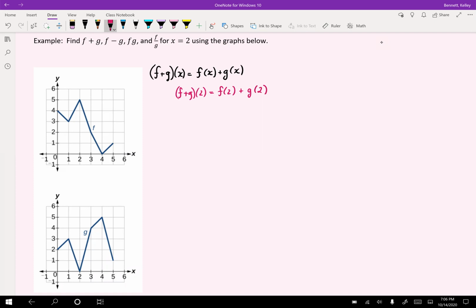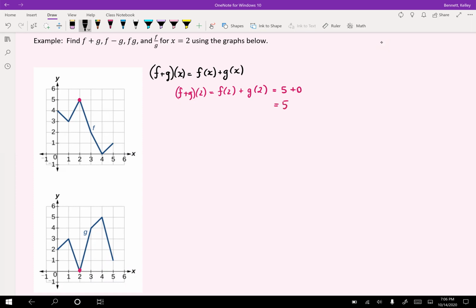The top graph is f. So when x is 2, f of 2 is 5. So that's going to give me 5. To that, I add g of 2, which is 0. So my answer for this part is just 5.